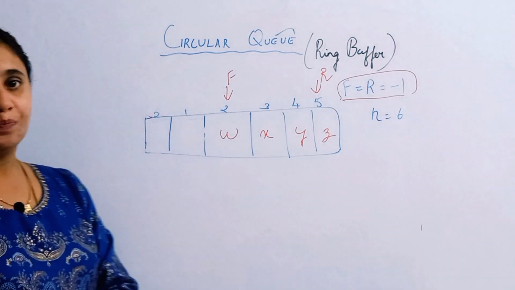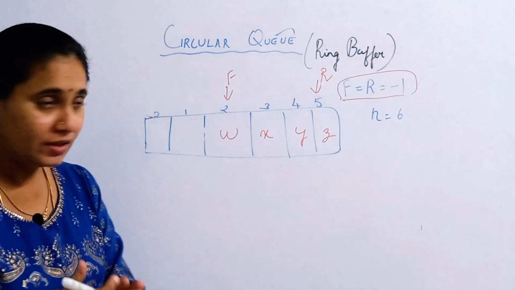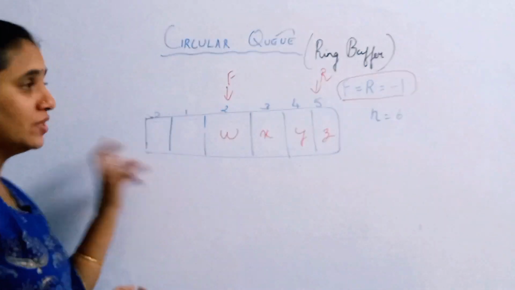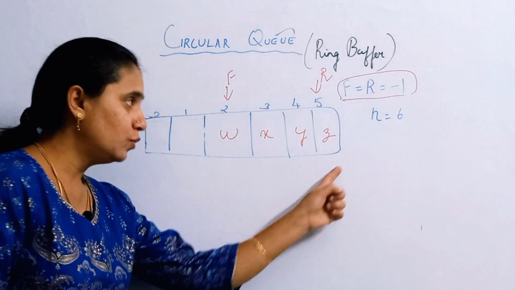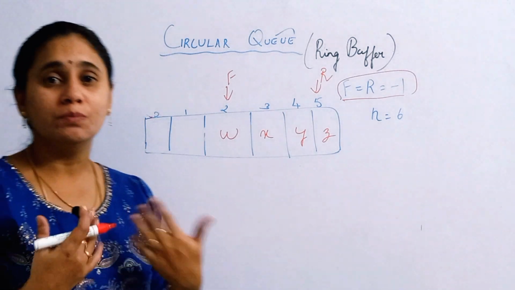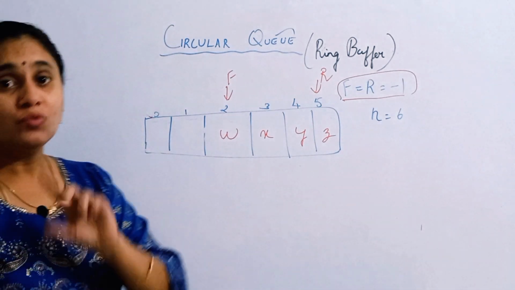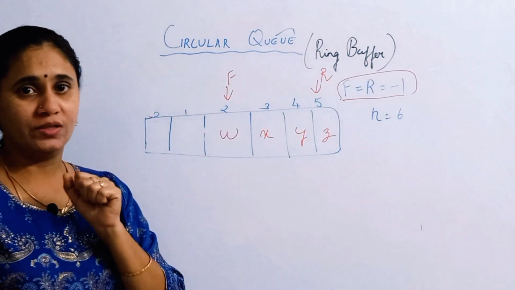So how can I do it? In a circular queue, we have the possibility of making the rear pointer point back to the first index value, isn't it? Manually I can make it, but if I am going to implement an algorithm, how can I do it? I must check the condition for the front and rear pointer, right?